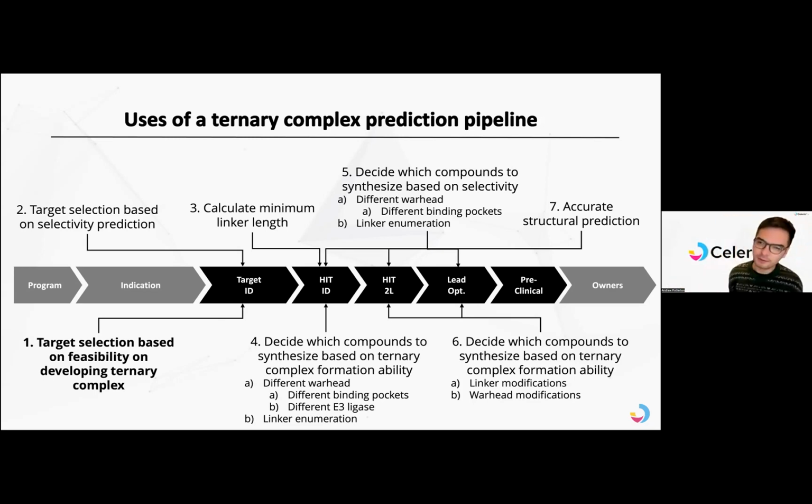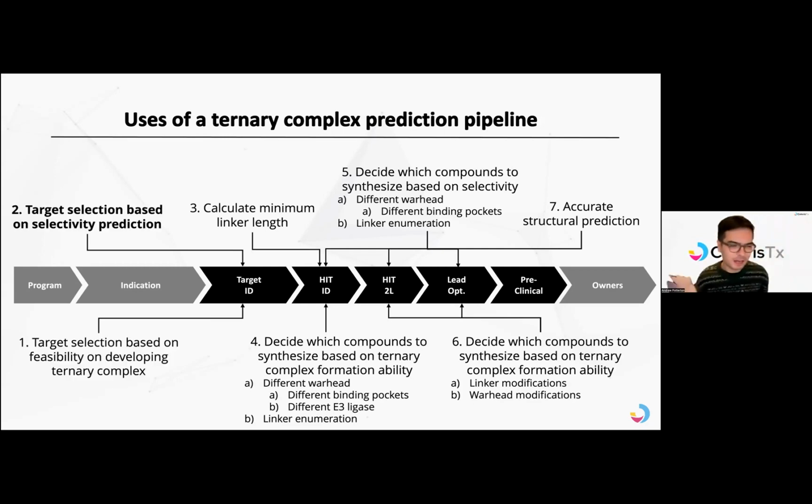But I would say with this use that there are other factors that could possibly outweigh this prediction of the formation of ternary complex, things like safety, genetic evidence linked to the disease, opportunity to differentiate, and those might, depending on your company strategy, have the higher weight.